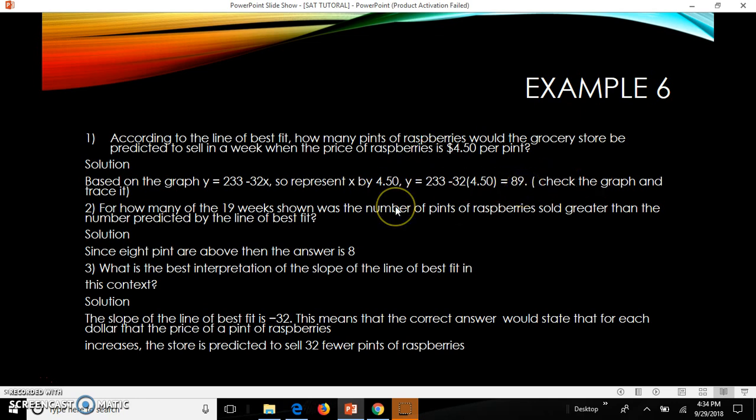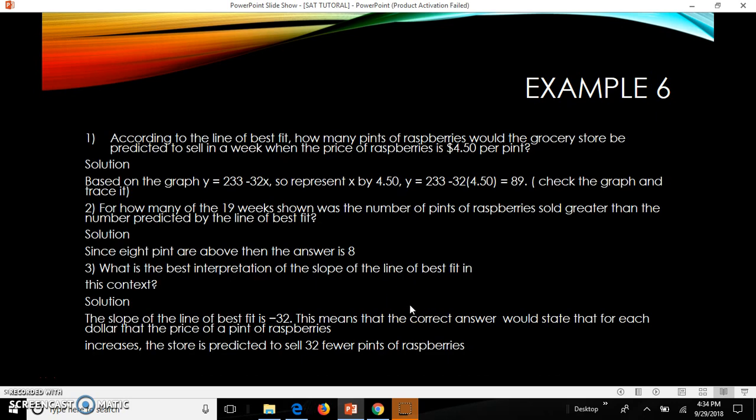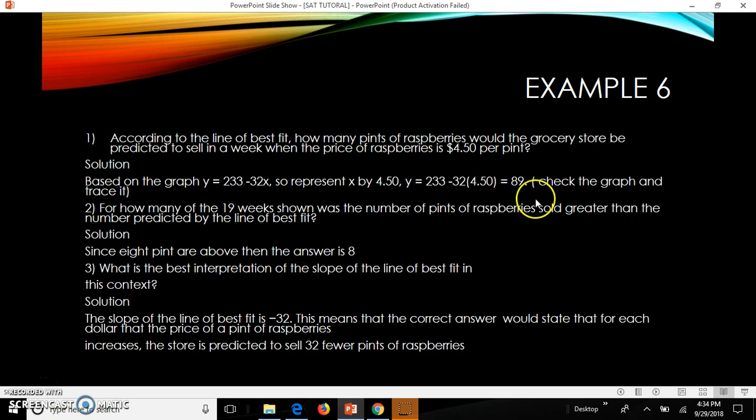Then when you check the graph too, the price per pint is there. If the price is 4.50, you trace up to the line, and trace across, and somewhere around there it is equal to 89. Can you see? That's another way to solve it. But if you put it in the equation, you get the answer. It's straightforward.